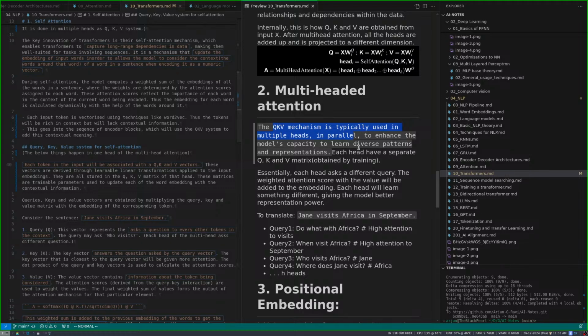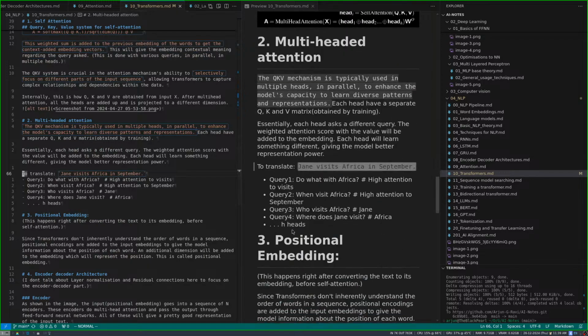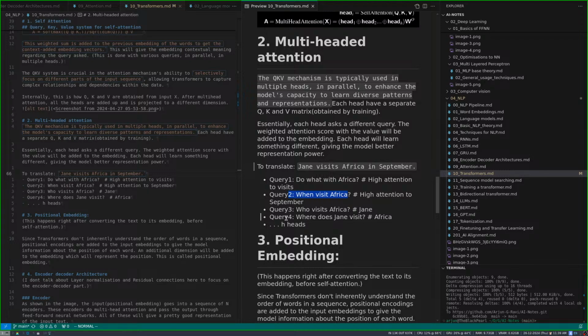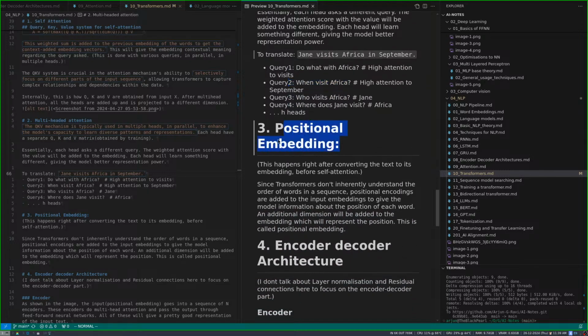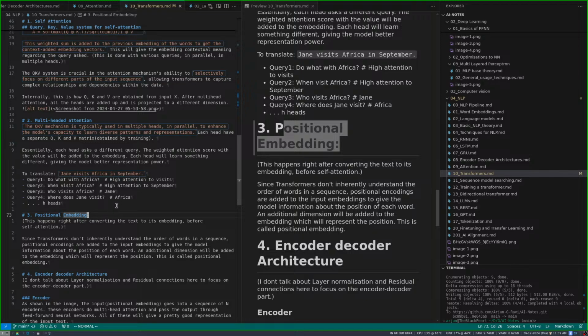The QK mechanism is typically used in multiple heads to enhance the model's capacity to learn. Right? So each head has a different role. Given a text, each head theoretically, conceptually asks a different question, and the query key answers it.